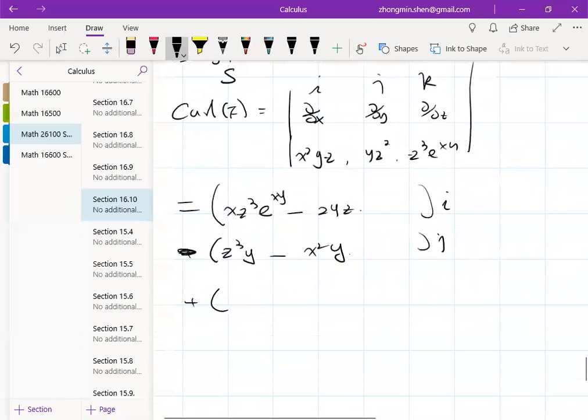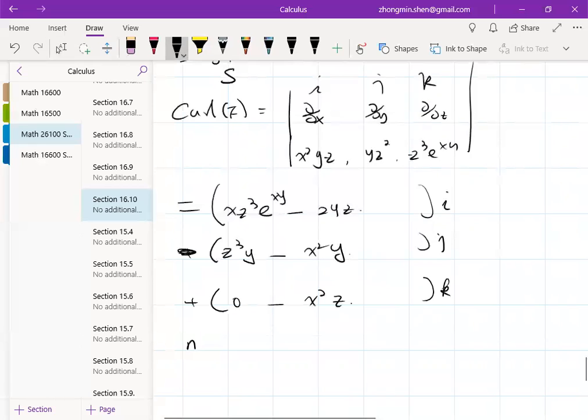And then k. So that is going to be 0 minus x squared z. Okay, well, it's too bad. I'm not sure we're able to simplify that.